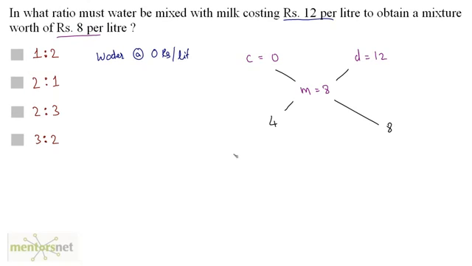So according to alligation rule, the quantity of the cheaper upon the quantity of the costlier will be equal to 4 by 8, and that's 1 by 2. Now what is asked? What is the ratio of water and milk? So water is cheaper, milk is costlier, so we want QC by QD, and that we got as 1/2. So option A is the correct answer.